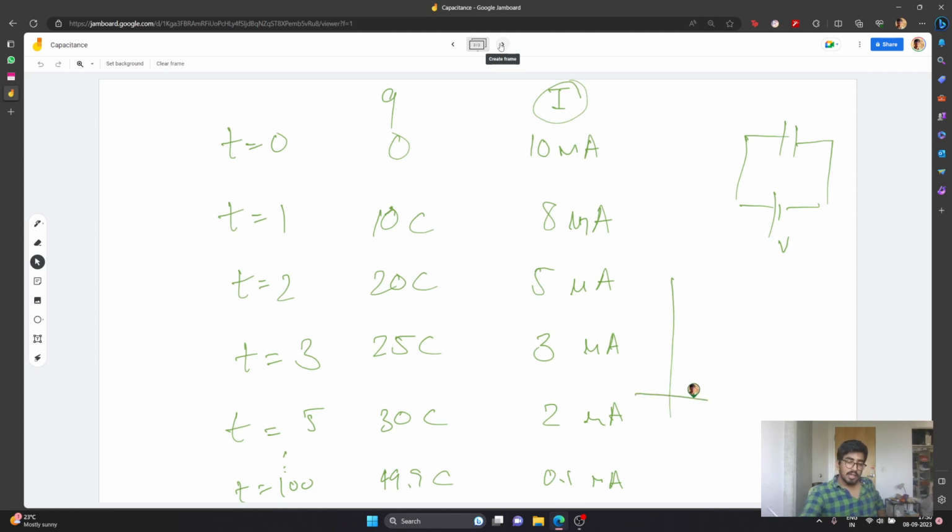So what you see is a graph that looks something like this. It starts from 0, t equal to 0, and this is the current I'm plotting, and the current starts dropping with time, right? And similarly, the Q here starts increasing with time, right?